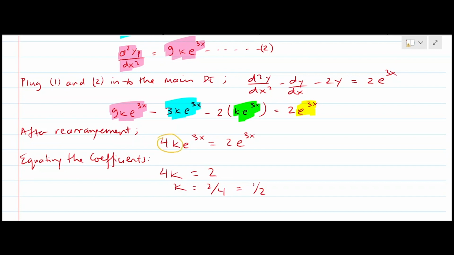This part equals this part, maintaining e to the 3x exactly. Therefore k equals a half.